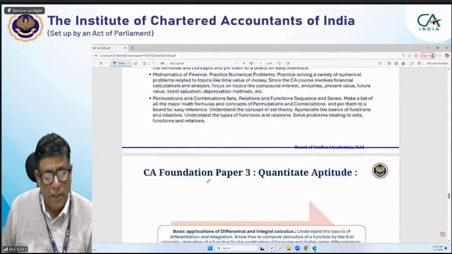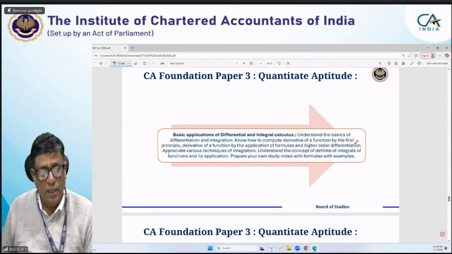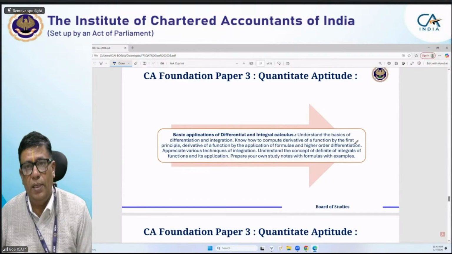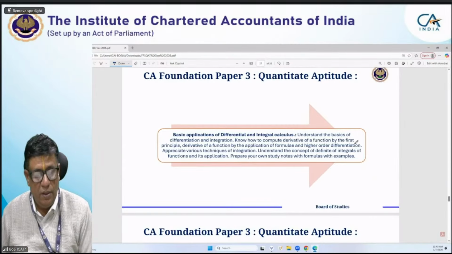Next, one already discussed: understand the application of differential and integral calculus. Most students fail to understand this chapter, but it is simply formula based. There are no trigonometric functions here; primarily simple algebraic, logarithmic and exponential functions are used in business applications.